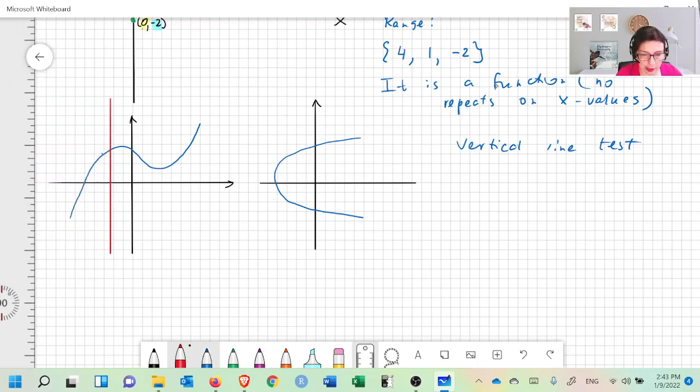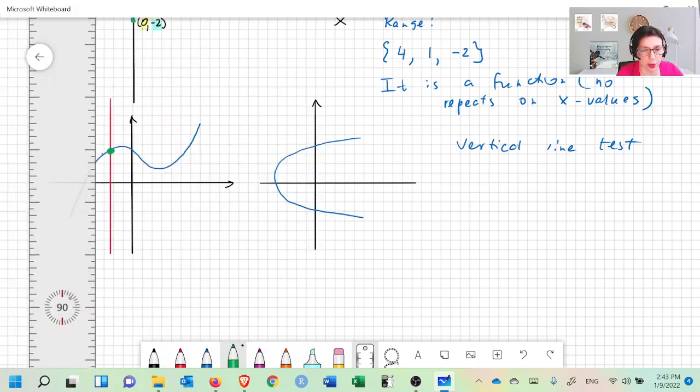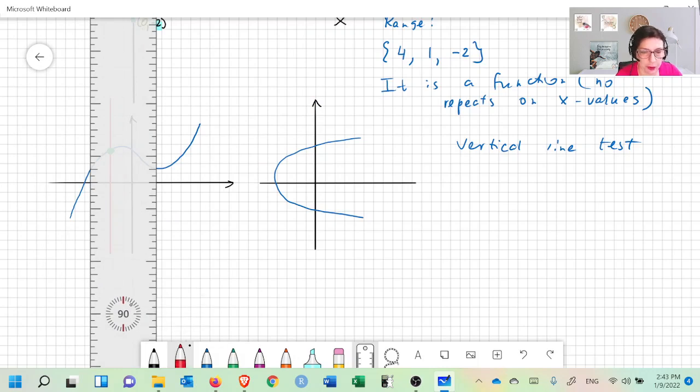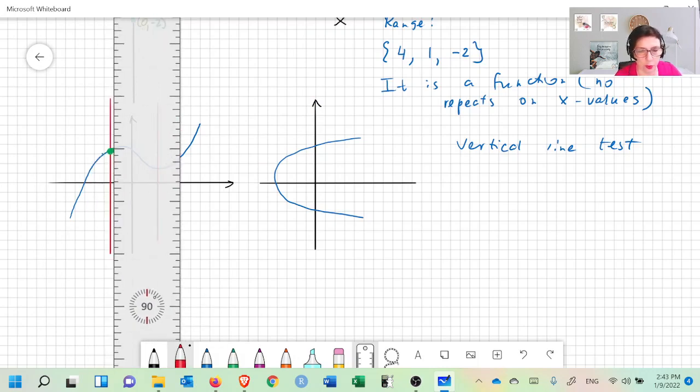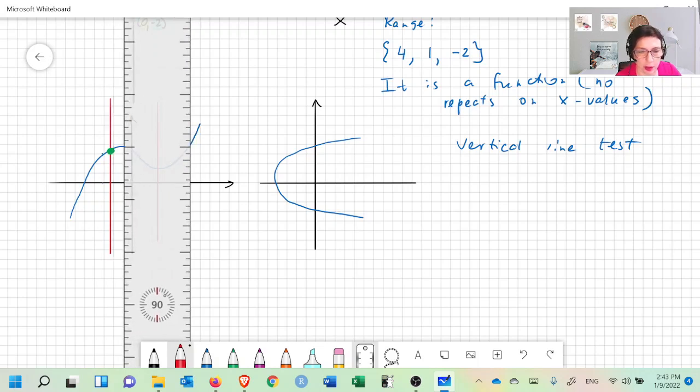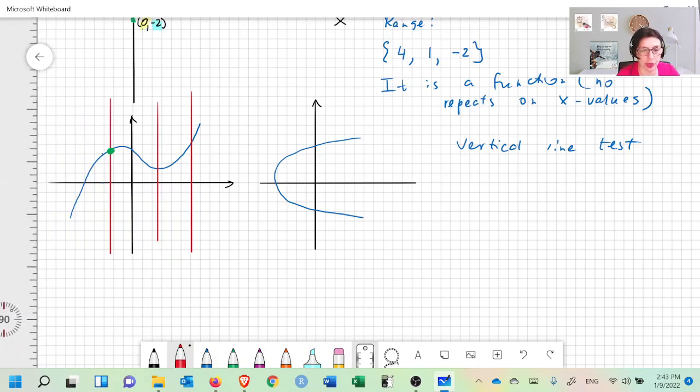So I can see that there is a point right here where the two intersect, but it's only one point. So what about if I draw another vertical line? You just have to keep drawing these vertical lines one after another, and every time I draw one, maybe one more here, whatever, I have to ask how many points it intersects with the graph.